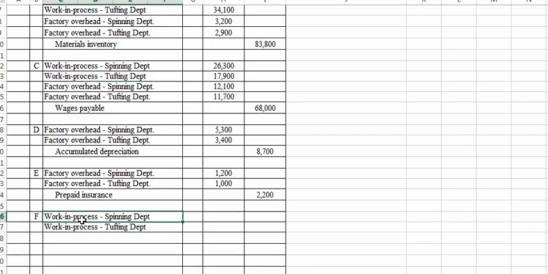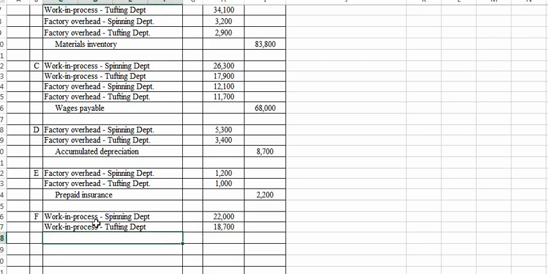So we're going to debit work in process spinning for the applied overhead in the spinning department, $22,000. Work in process in the tufting department, or they're calling this applied overhead, you guys. It's just an estimate of overhead. And for the tufting department, that's $18,700.